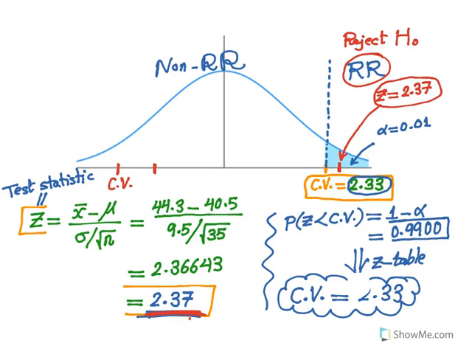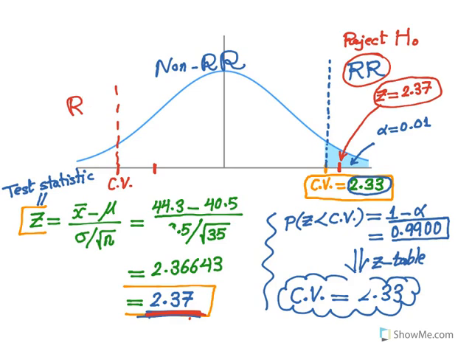Make sure that you don't take this for granted, that if the Z is bigger than the critical value, then you reject the null hypothesis. It is true for this case because it's a right-tailed test. But if it was a left-tailed test and your rejection region is here, then any Z that lies here will make you reject the null hypothesis.